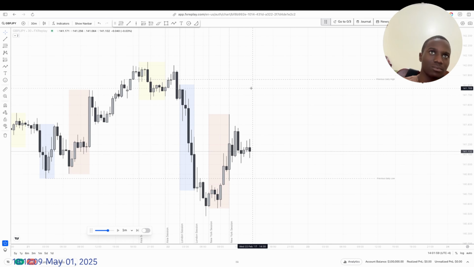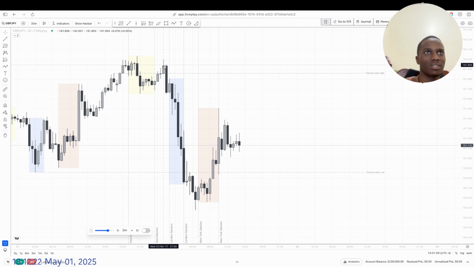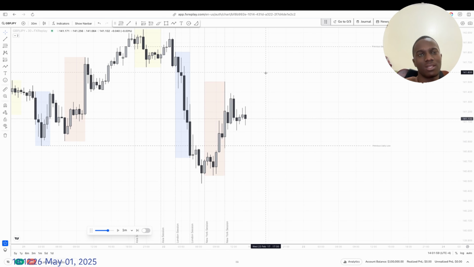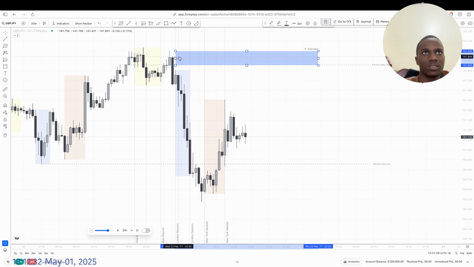The reason I want to take out the previous day high is because after taking out the previous day low, you might need to rebalance a bit, take out the high, then drop, because on the high we have a key important level, this order block, which it will hit, then drop even further. So there's this block right here, which is a 30-minute OB.